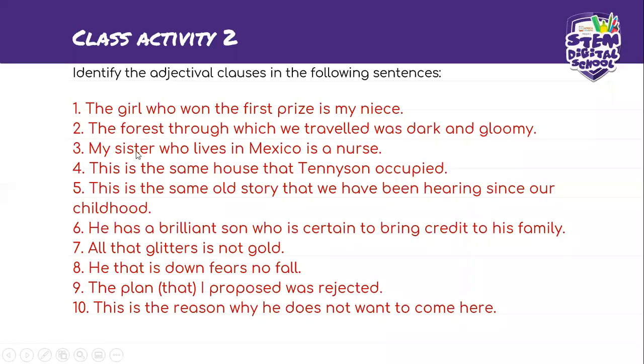All right, there they are. So the first one: the girl who won the first prize is my niece. So where is our adjectival clause there? Tell us which is the adjectival clause and also tell us why that makes it the adjectival clause. Asanda has her hand up.